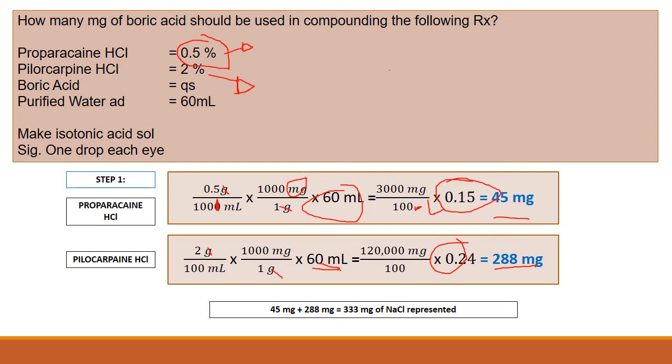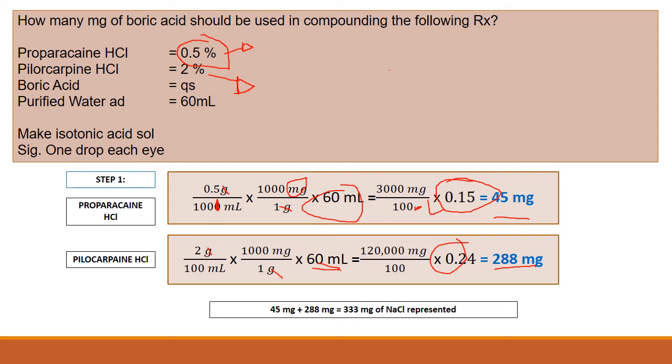So you have 0.5 times 1000 milligrams divided by 100 mL times 60, we have 3000 milligrams per 100 mL.